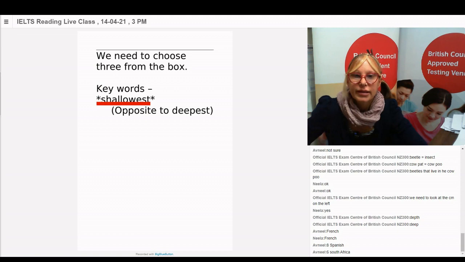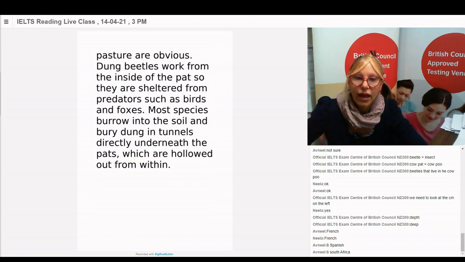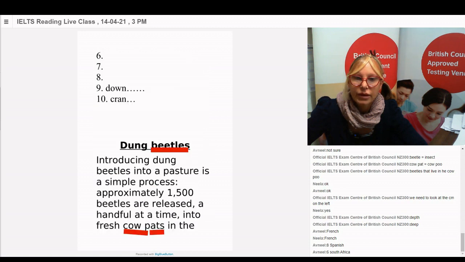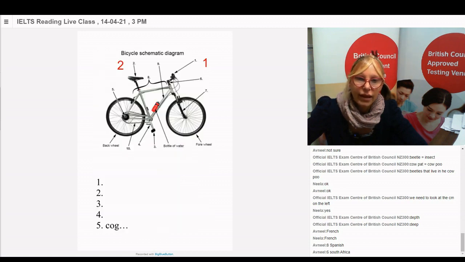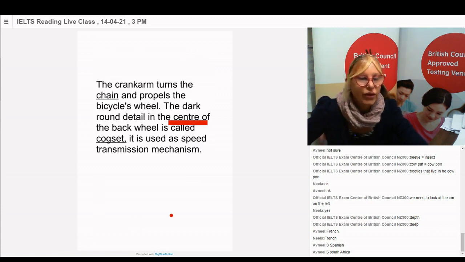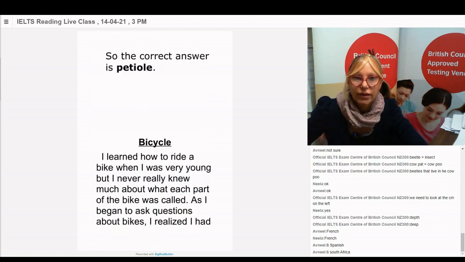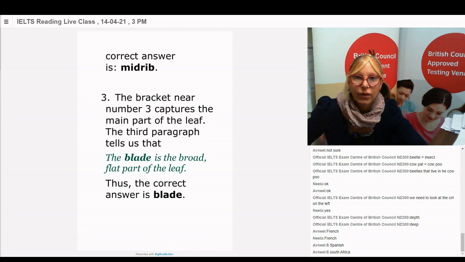Okay, so that's basically how you would complete a diagram task in the IELTS reading. And usually for a diagram, you get between three to 5 questions that you need to complete. So here we have 4.